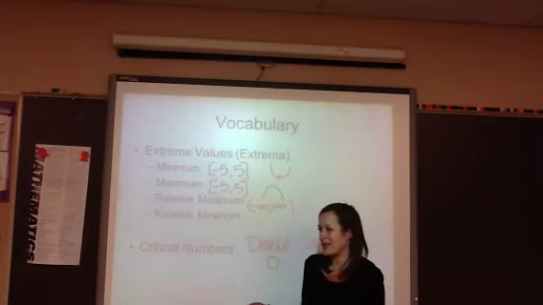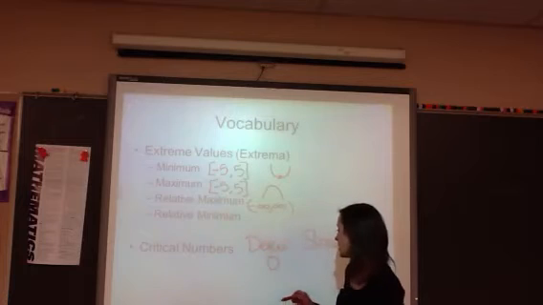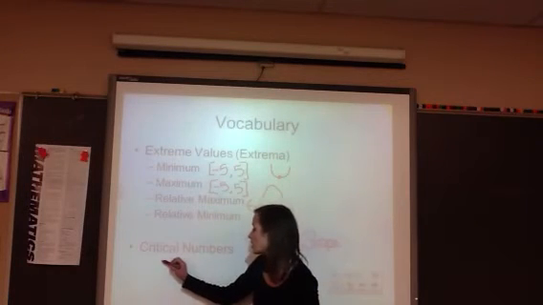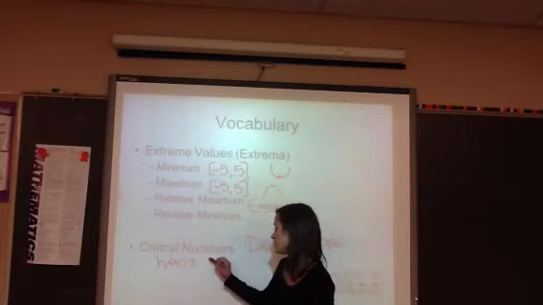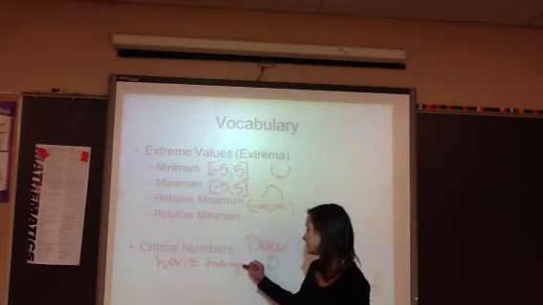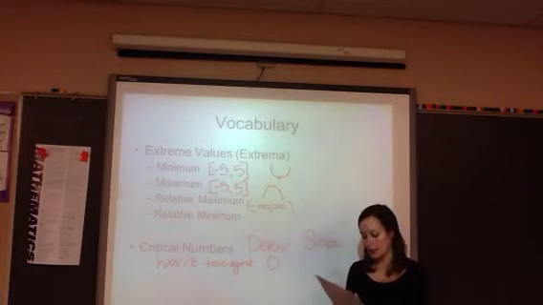Well, what kind of lines have 0 for a slope? And that is a horizontal tangent. So critical numbers are values where you have a horizontal tangent. And that means your derivative is 0 because your slope is 0.